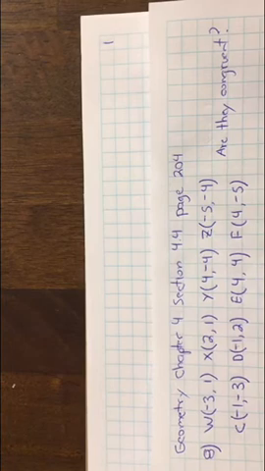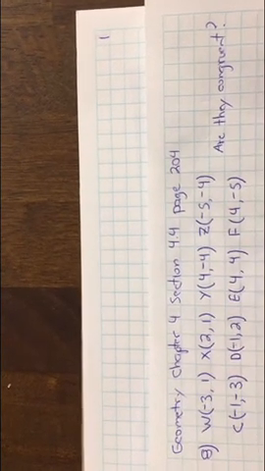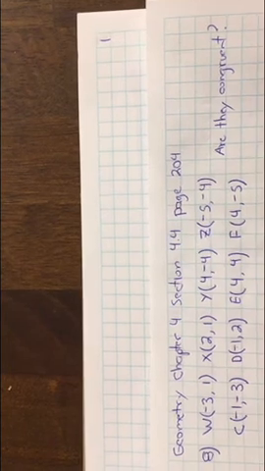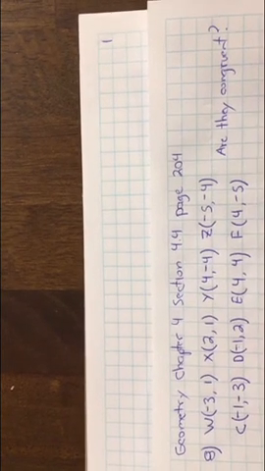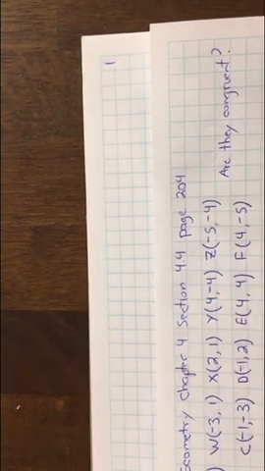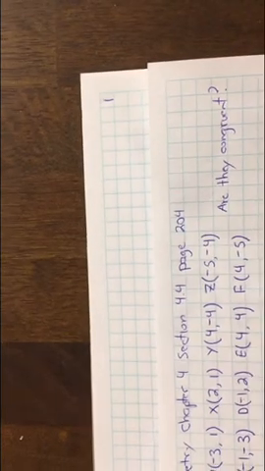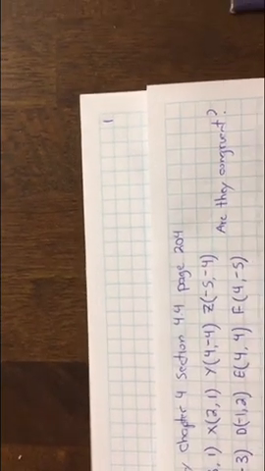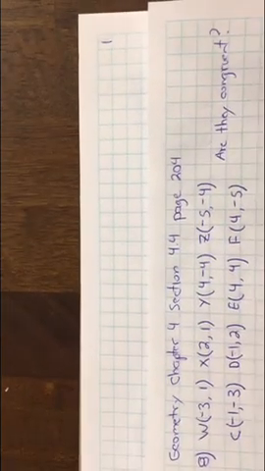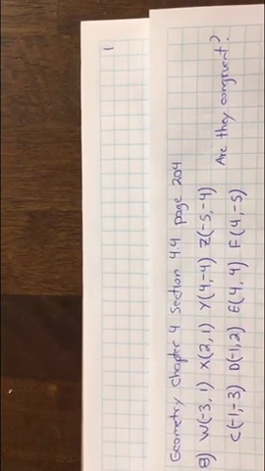I notice that there's a -3 and a 1 in W, and then a 1 and a -3 in C. It would appear that the Y's and the X's are switching. Then if I look at X and D, Y and E, and Z and F, yes, it looks like (a, b) went to (b, a) and then b changed sign.